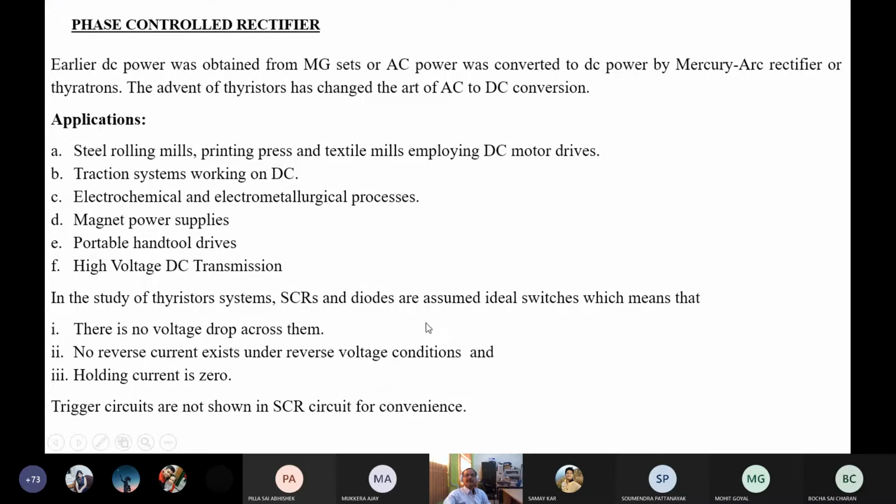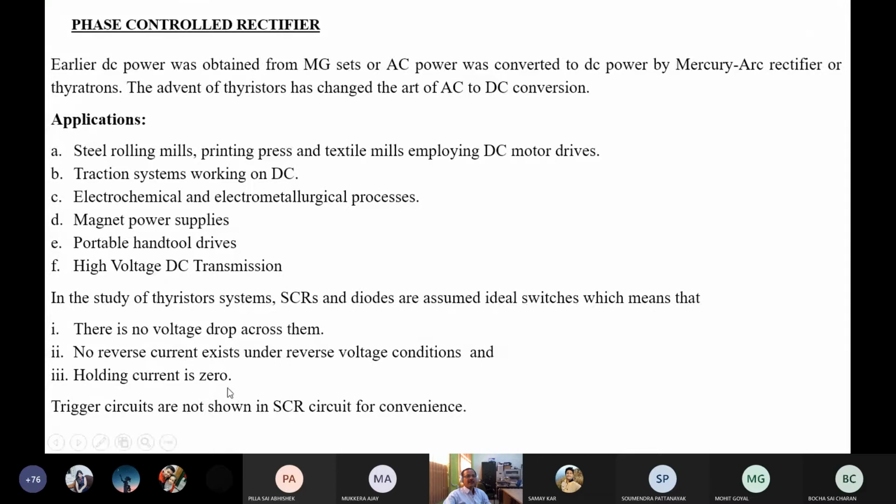In our discussion of controlled rectifiers, we will assume that switches are ideal. The SCRs, silicon controlled rectifiers, and diodes used are ideal switches. They have no resistance, so there is no voltage drop across them. No reverse current exists under reverse voltage condition.